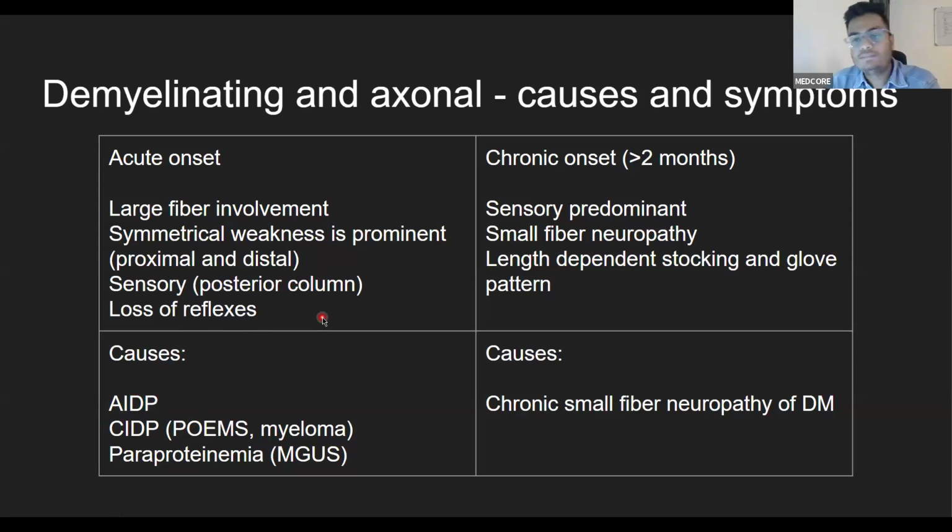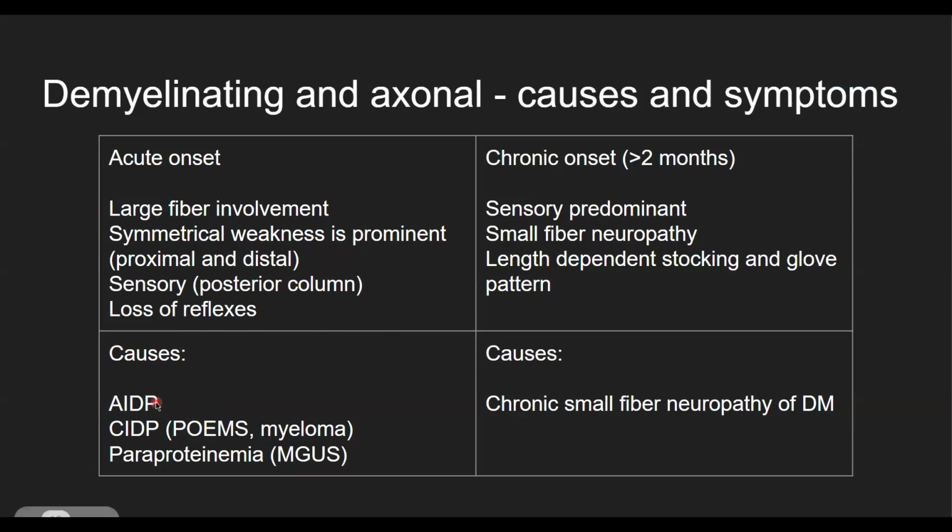It is a polyradicular neuropathy. So in the GBS cases that you see in your wards, do they not have any sensory symptoms? They have, sir. Yeah. And the reason for that is posterior column. Okay. Yeah.